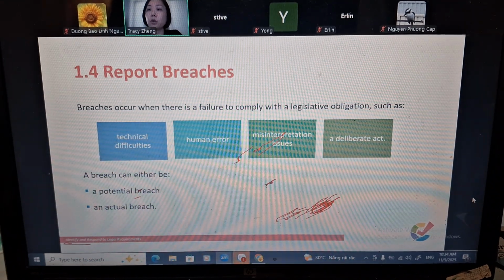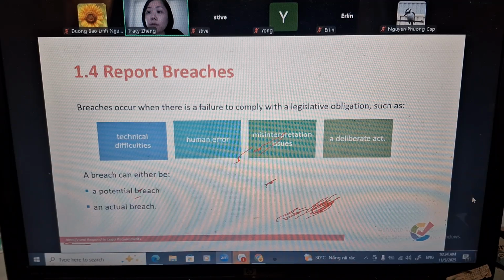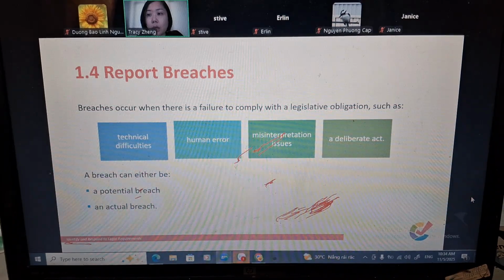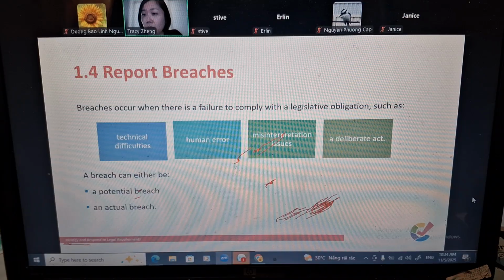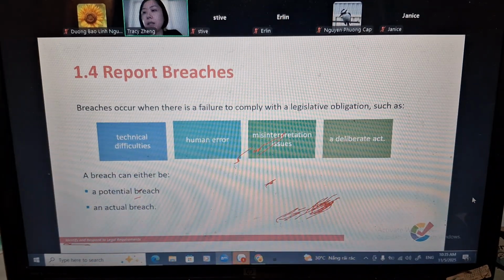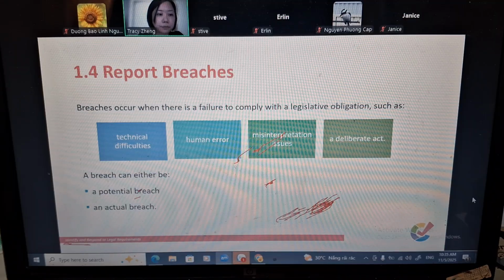That's why we have so many control measures to prevent us from having errors. For example, when giving medication, we need to do three checks. We need to check everything at least three times, to prevent any medication error.